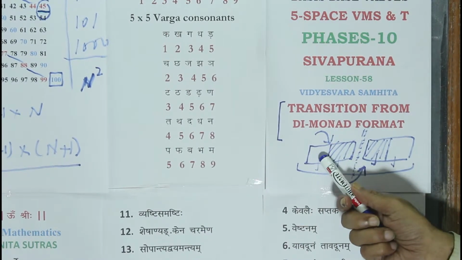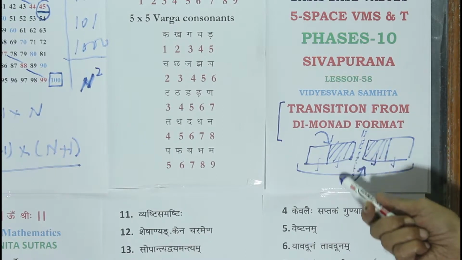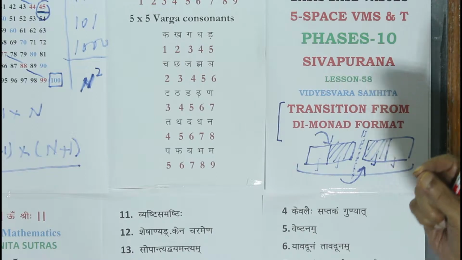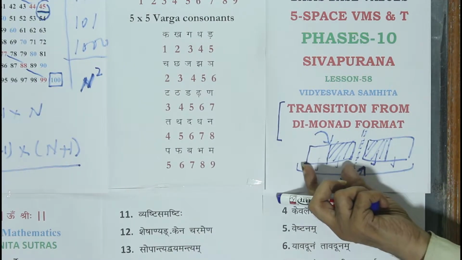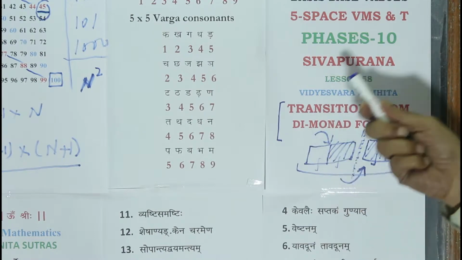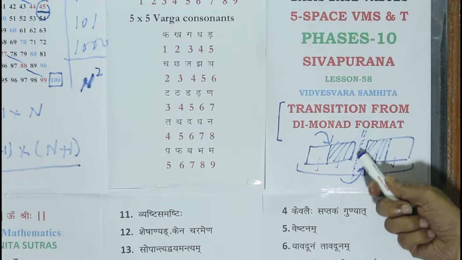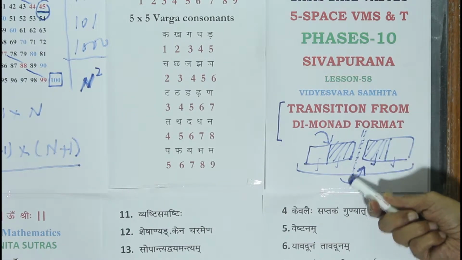How this happens, what is the impact of it, what are the changes, what are the transformations. Therefore, we are focusing today as to how a dimonad, when it synthesizes with its image as a mirror reflection image, with the mirror getting dispensed with.